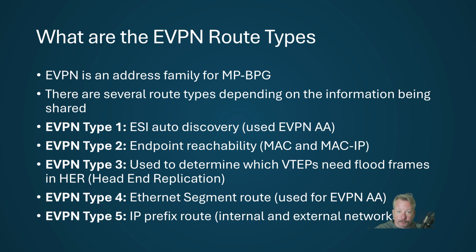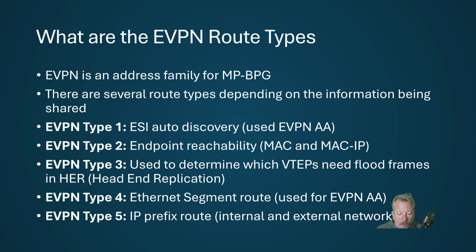The EVPN address family is what we use for EVPN VXLAN to share endpoint reachability, external network reachability, flood domains, etc. And that's all done with the various route types. For unicast, there are 5 route types: type 1, type 2, type 3, type 4, type 5. Anything from type 6 and above is for multicast, and that's beyond the purview of this particular presentation.